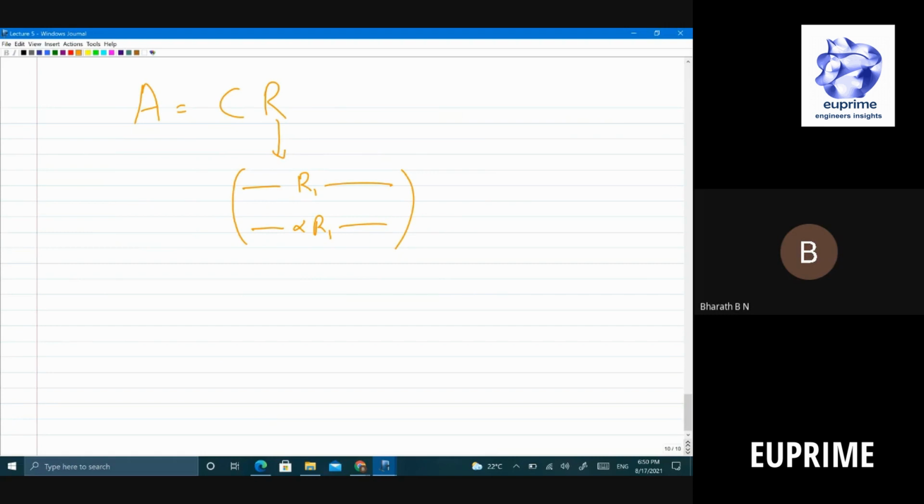Row rank, the number of linearly independent rows. How many linearly independent rows of A can you have? Any guess? Row rank is 1. Why do you say that?